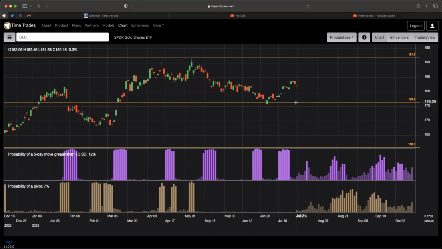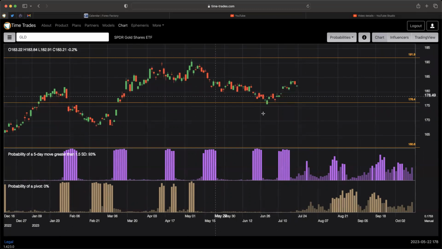That's on the GLD ETF, okay? And we have a high probability of a move, again we don't know the direction here, on July 28th.